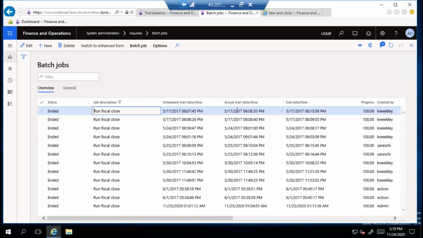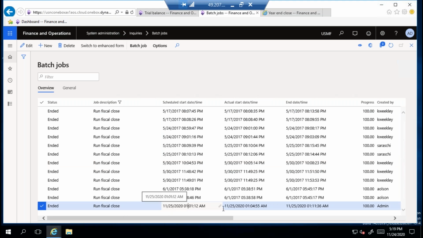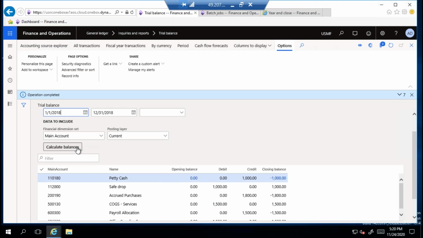So it is completed now. Let me verify. Today's date is 25th November. It was completed, ended 100%. Earlier it was executing and the percentage kept changing. I'm logged in as admin. Now if I run it, the balances should be updated, opening balances from 2017 to 2018.